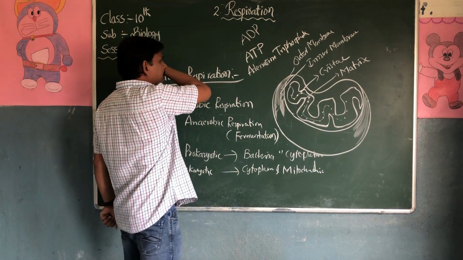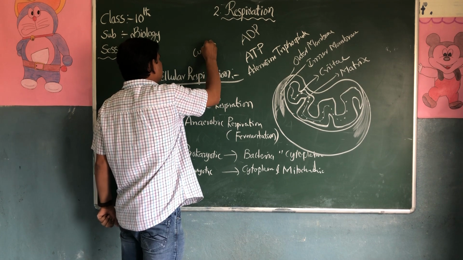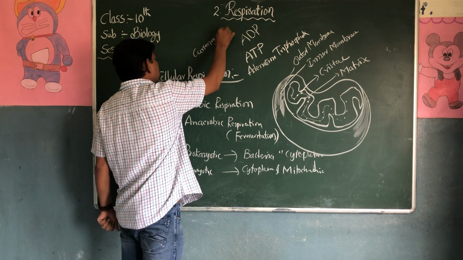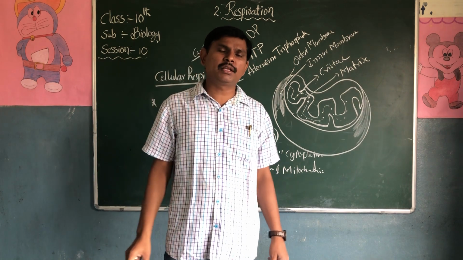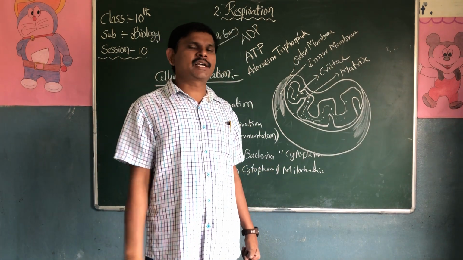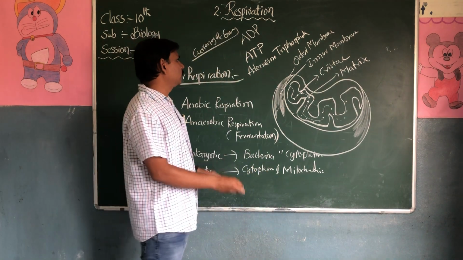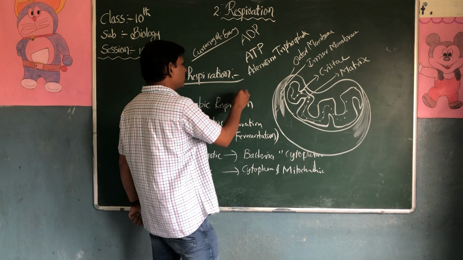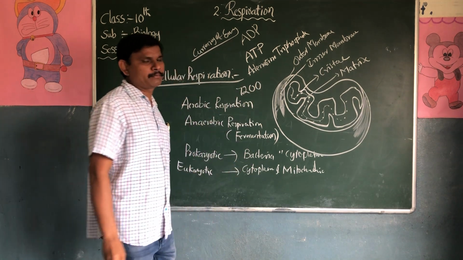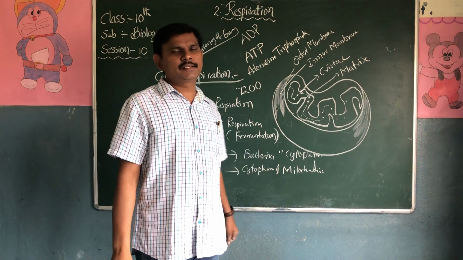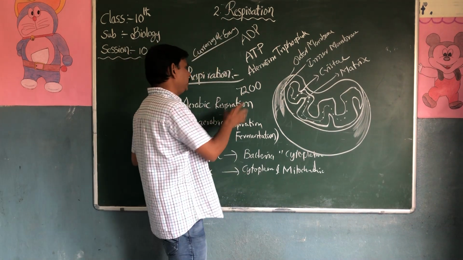It is also called the currency of energy, the currency of the cell, because it is storing the energy. One ATP contains around 7,200 calories of energy stored.